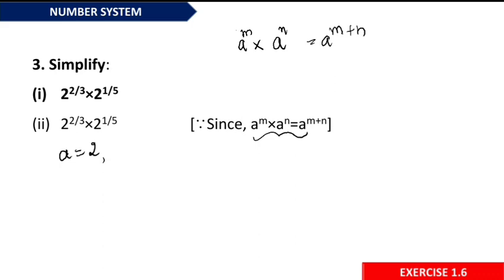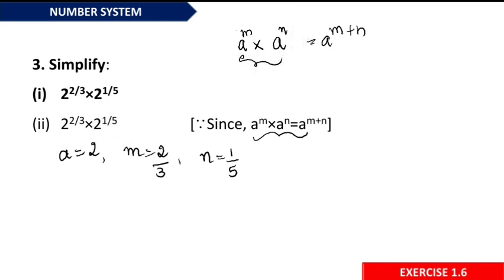Next, in the place of m we are having 2/3. Next, what do we have in the place of n? In the place of n we are having 1 by 5. So n is equal to 1 by 5. So this is similar to the left side, right? Here we have the multiplication sign.